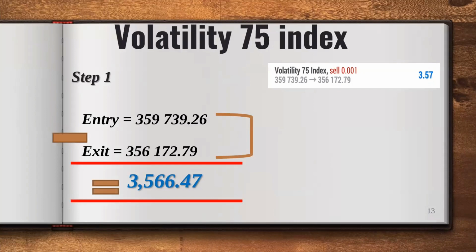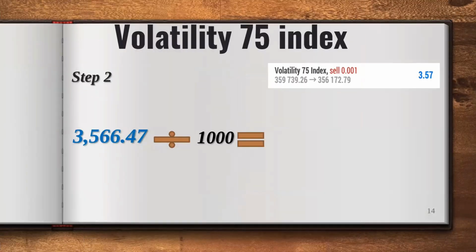The second step, after the first point, you will take that answer and divide it by 1,000. If you do that, you will get your answer to be 3.56647. Rounding that off, you will get your reward to be $3.57.